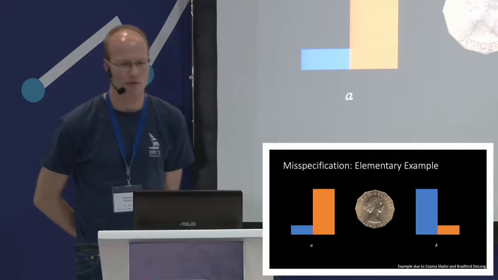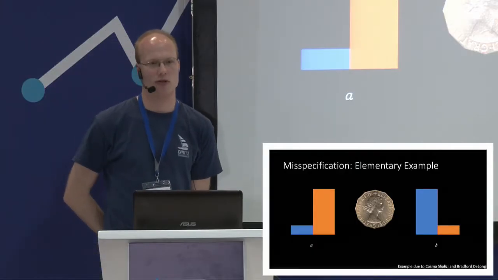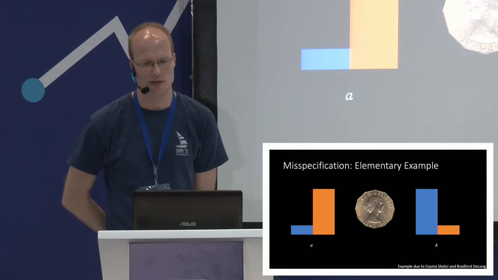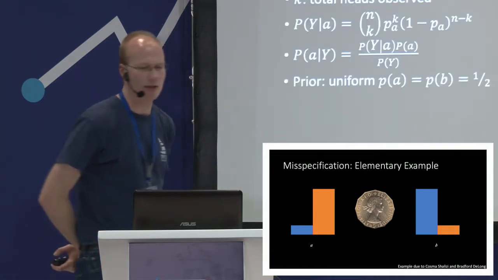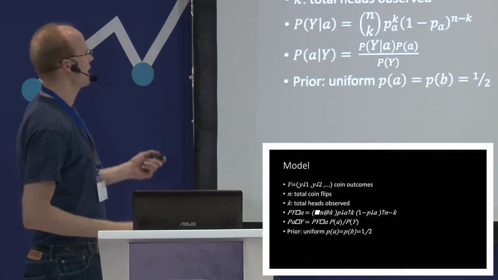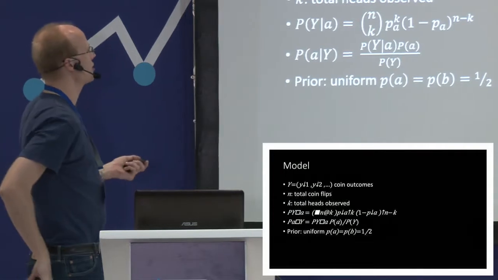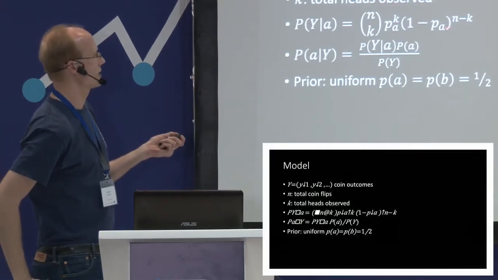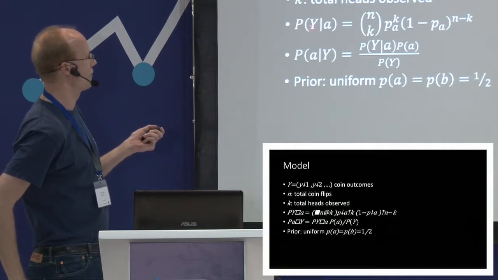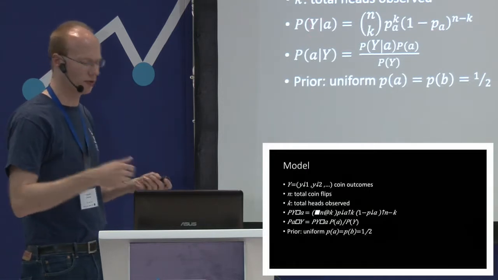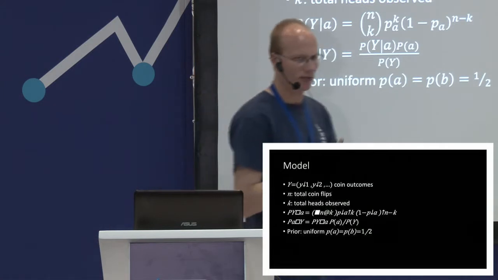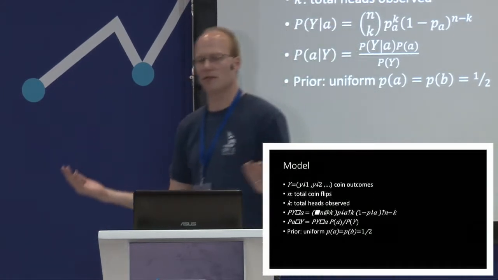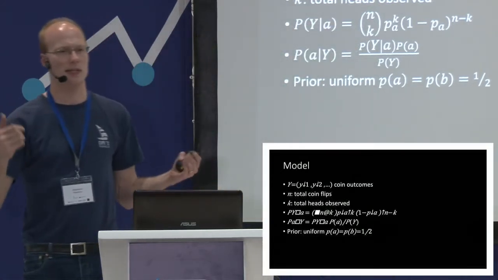Well, if you're Bayesian, I have given you lots of information about this situation. So what you would do is you would set up a hierarchical model. You would say, okay, I know it's one of these two possible situations. I have a likelihood, which is a binomial likelihood in this case, for observing a certain number of heads. So you would do, for example, 10 experiments or 20 experiments, and the outcome is 16 times out of 20 it came up heads.